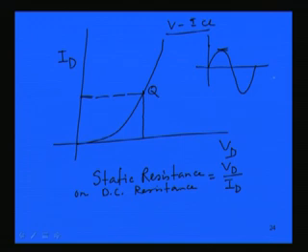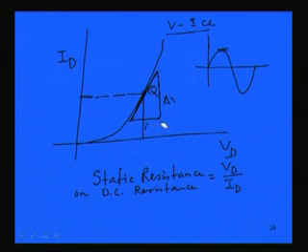In order to find out the dynamic resistance, you basically draw a tangent at this point where you are operating the diode, then at two points on the tangent, you find out the incremental change of the current and change of voltage.